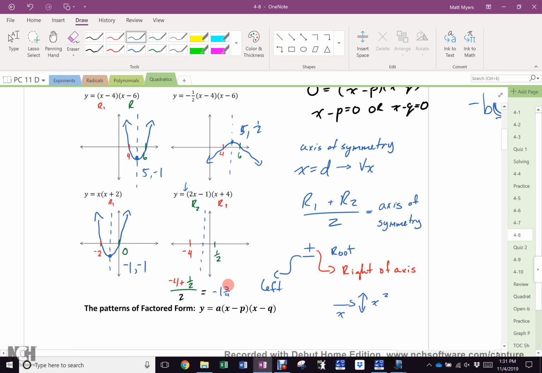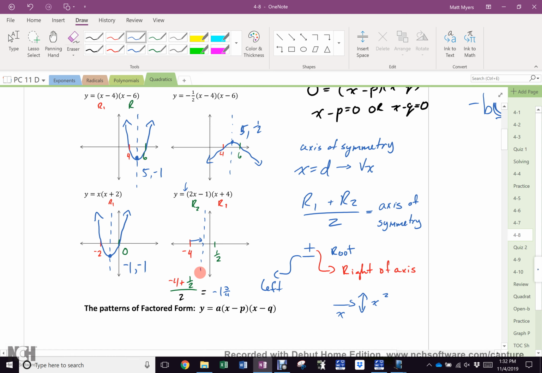If you had $4 and you spent $1.75 of it, what would you have left? $2.25, right? So I went $2.25, didn't I? So how far down do I go? $2.25 squared, which is 5.0625.